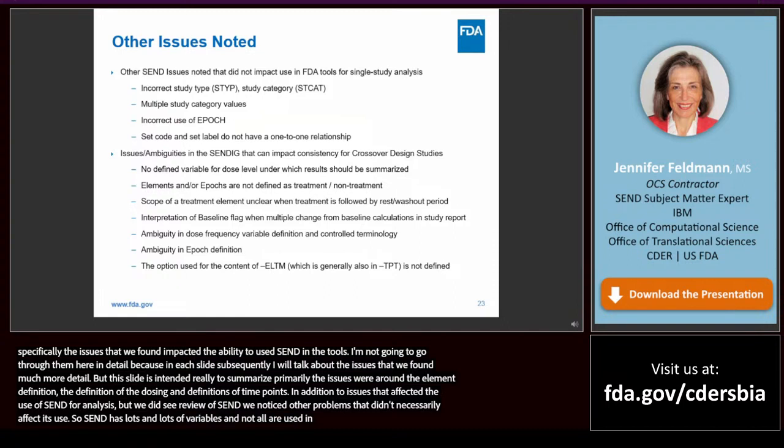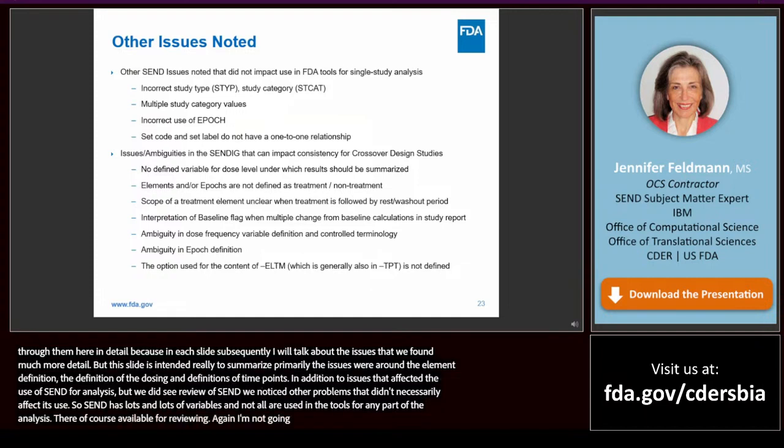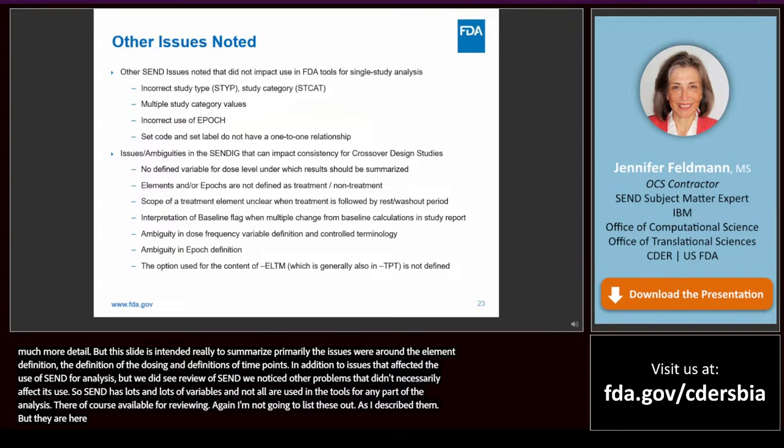So again, I'm not going to list these out as I describe them, but they're here particularly for summarization so that you can refer back to them at a later date. And these in particular were kind of all over the map. There were all kinds of different issues identified.